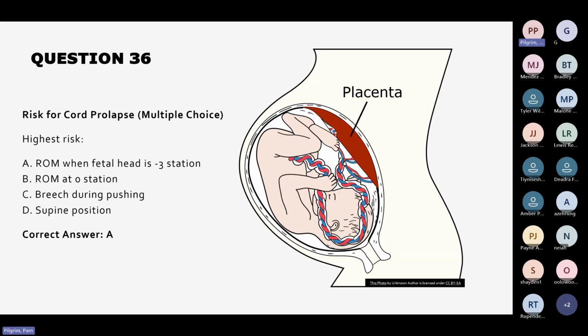Breech presentation during pushing, that's not really a risk for cord prolapse. It's when you have that space in between the head that allows the cord to come down. So the answer to this one is the -3 station. Rupture of membranes when the head is up above the ischial spine.